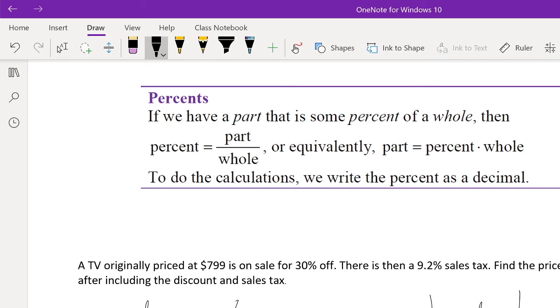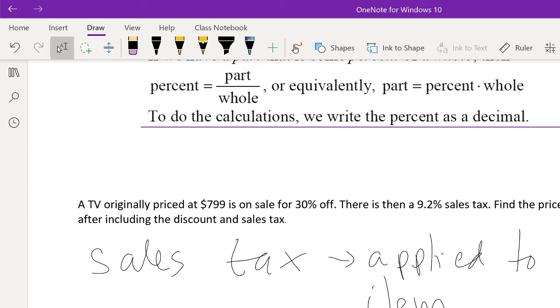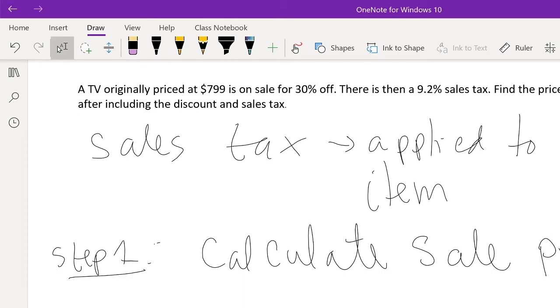Okay, so the first thing we're going to do is calculate the sale price. Now we can do this in two ways. So it's 30% off.